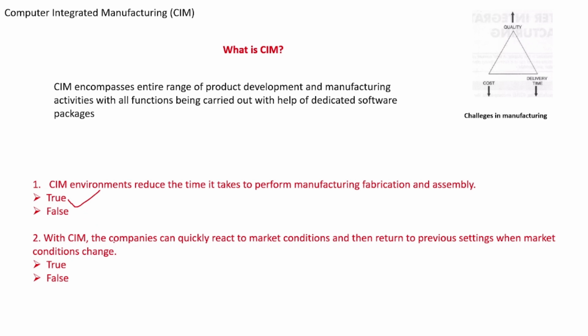The second question is: with computer integrated manufacturing, companies can quickly react to market conditions and then return to previous settings when market conditions change. You can use your chat box and tell the answer.